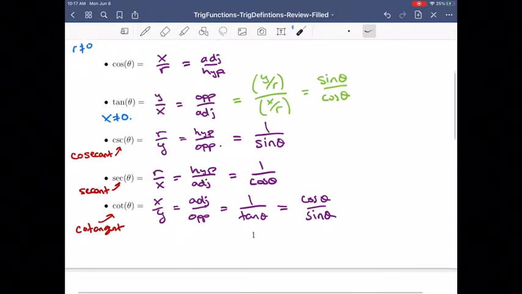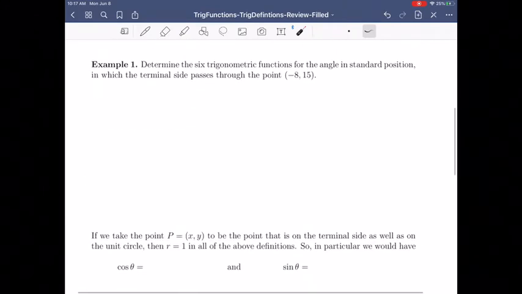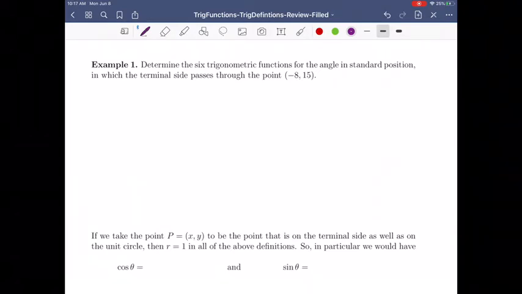Let's do an example. Let's determine the trig functions for the angle in standard position in which the terminal side passes through this point. We don't even need to know the angle, so let's draw a picture.